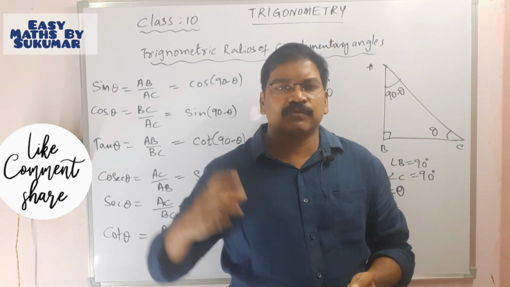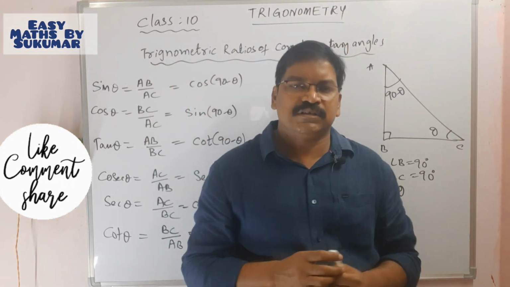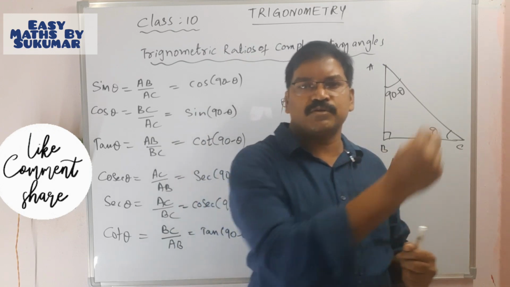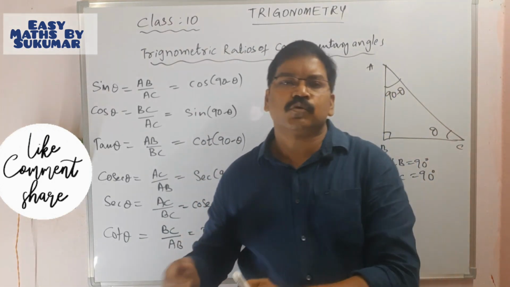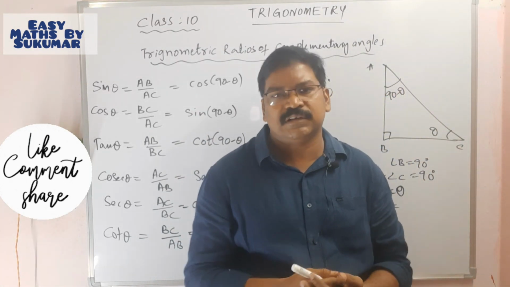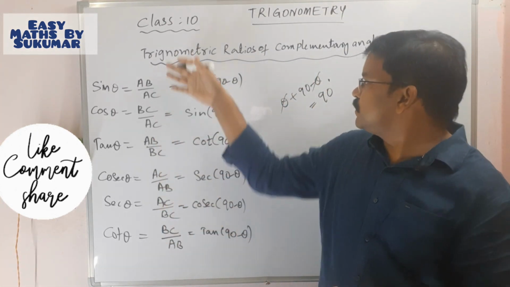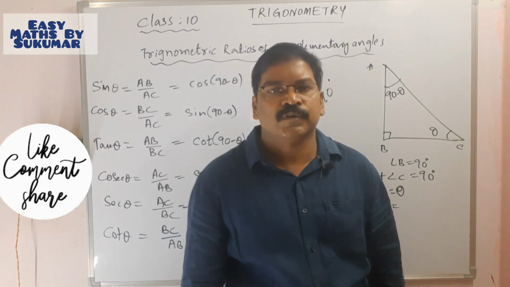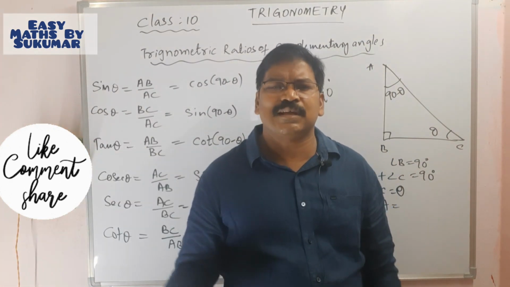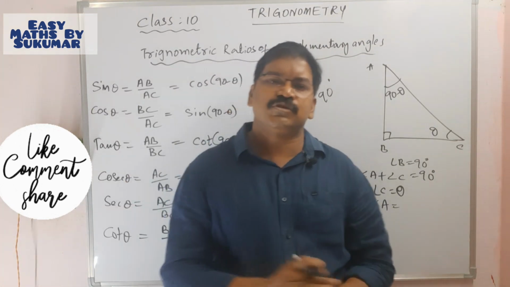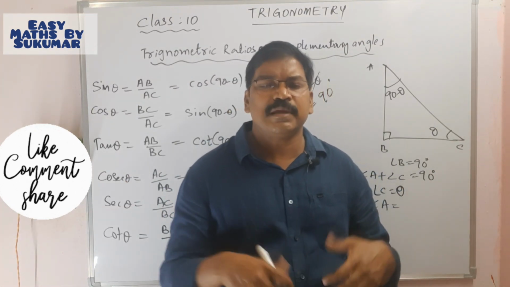See, actually we can easily remember the sine values: 0, 1 by 2, 1 by root 2, root 3 by 2, 1. But coming to cosecant and secant, it is very difficult for us. But this table, that means trigonometric ratios of complementary angles, helps us to easily understand all the values of the trigonometric table. Okay, let me explain that.